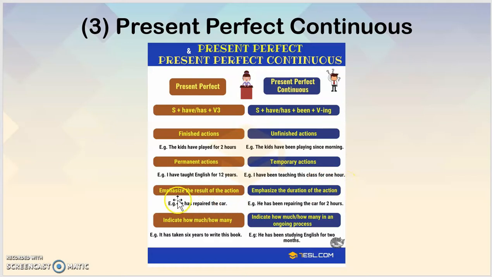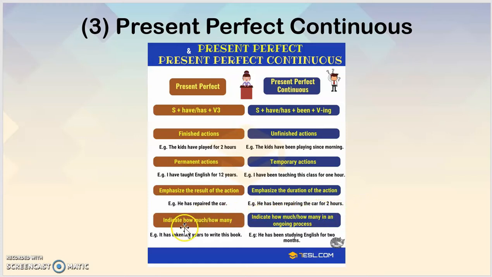Present perfect emphasizes the results of the action. He has repaired the car. Whereas present perfect continuous emphasizes the duration of the action, durasi sesuatu aksi. He has been repairing the car for 2 hours.